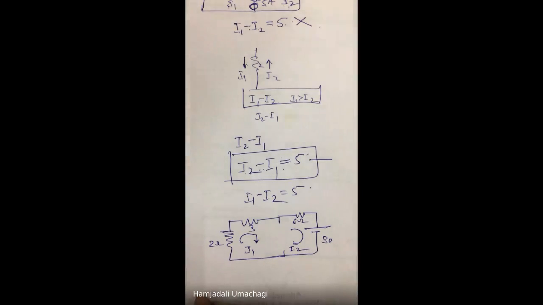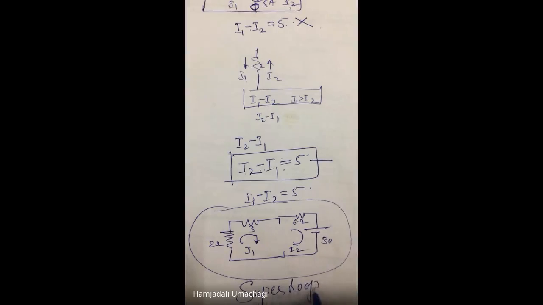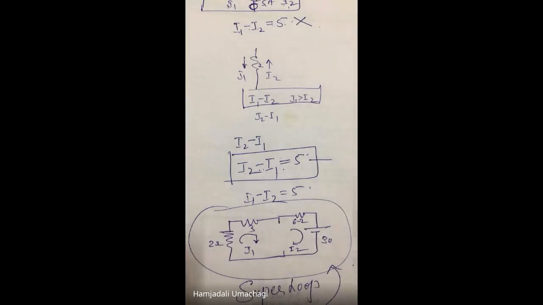Now, how many loops are there here? How many loops are left with us? Only one loop. So this loop I am going to call a super loop. ಈಗೇನಾಯ್ತು? Loop 1 plus loop 2 is a super loop.